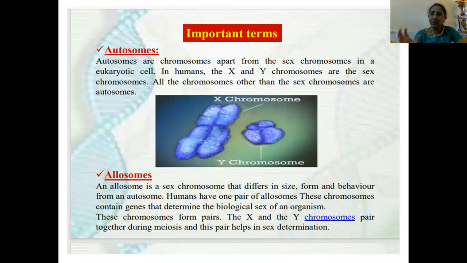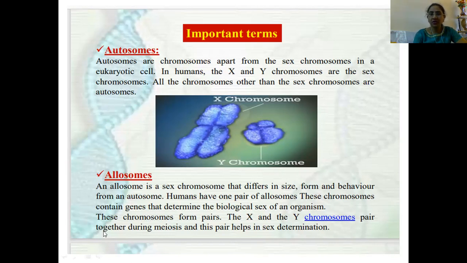You must know that in humans or in any other organisms, there are sex chromosomes which are mainly responsible for differentiation into either male or female, which determine the sex of the organism. The chromosomes other than the sex chromosomes are called autosomes. For example, in humans we have sex chromosomes X and Y. So all those chromosomes which are apart from X and Y will be called autosomes.